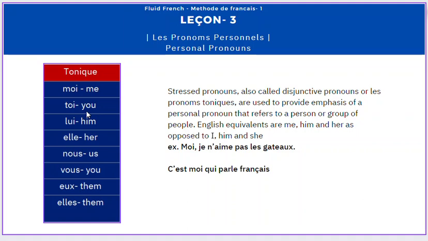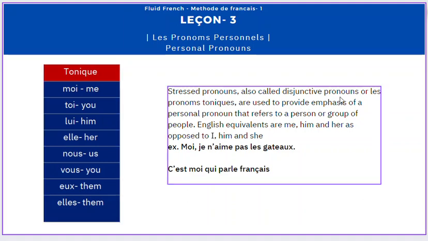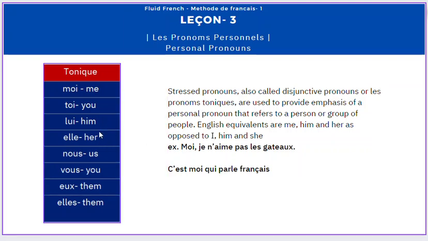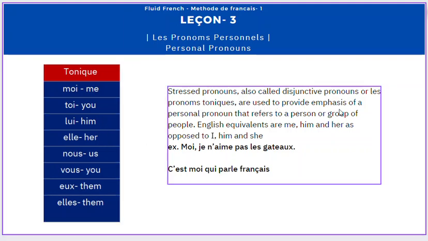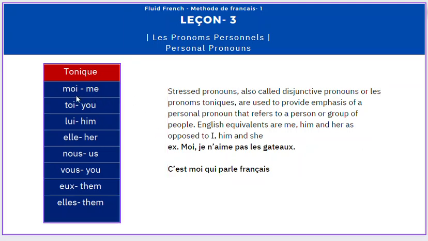Now in this sentence, you is not the subject of the sentence. So that's where you have you as a tonic pronoun. Okay, disjunctive pronouns. They are used to provide emphasis of a personal pronoun that refers to a person or group of people. They have given the English equivalent also.